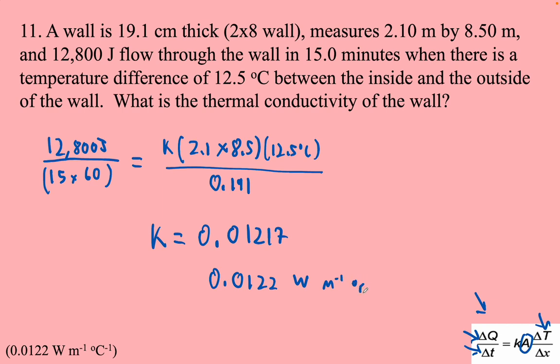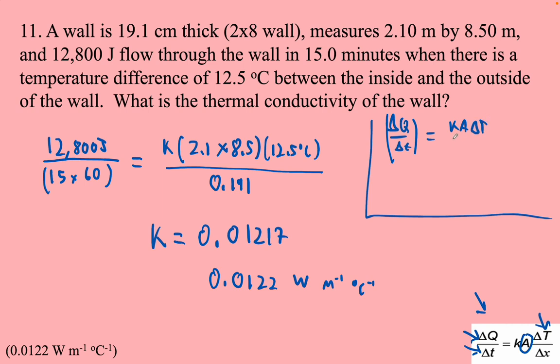Now, what are the units here, right? Just take this formula and you can figure it out. So this side here is going to be watts, so this is joules per second. So that's watts, right? So you have watts equals kA, difference in temperature over the x, right?